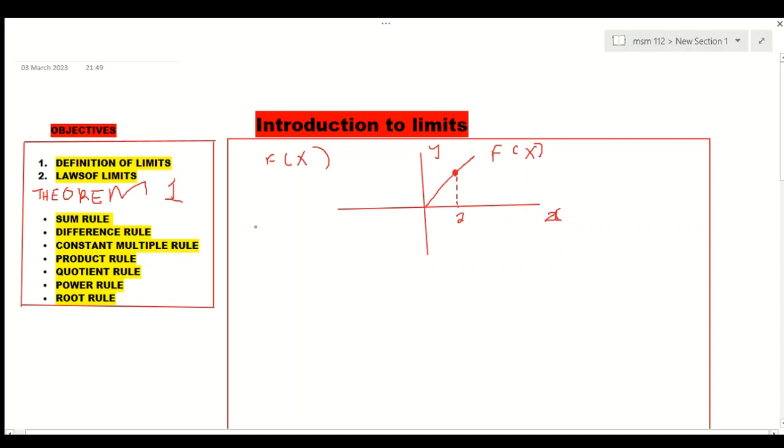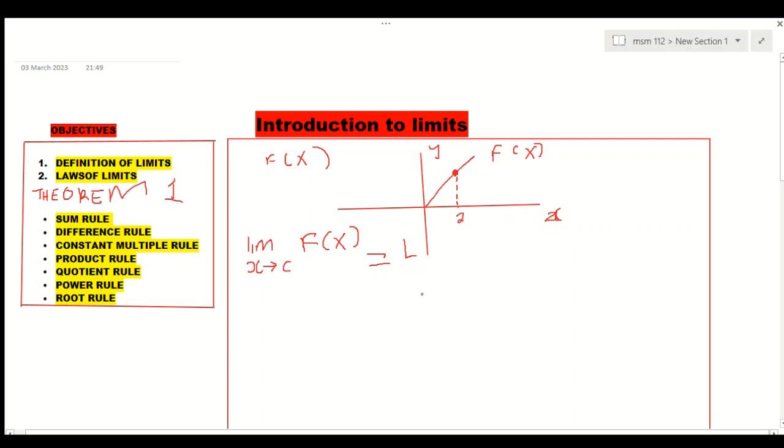Let's go. We see how limits are denoted. Limits are denoted in this form. Limit as x approaches a certain constant of the function. The function can be g of x, h of x. I don't know how you denote your functions, but I like f of x. And this function should be equal to a certain value.